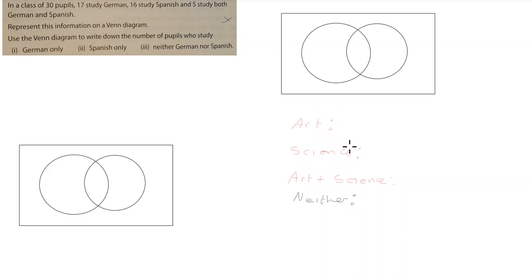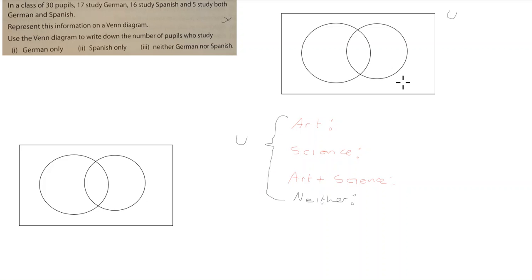Okay, so if we try and represent this, let's just put some figures into it as well. We have the universal set, U. So that's the box here. The universal set really is going to be all of these students.